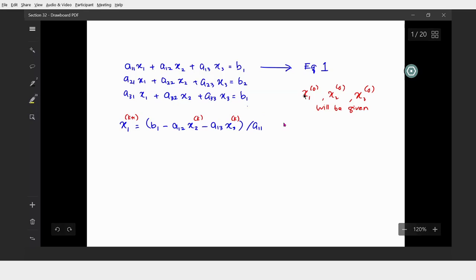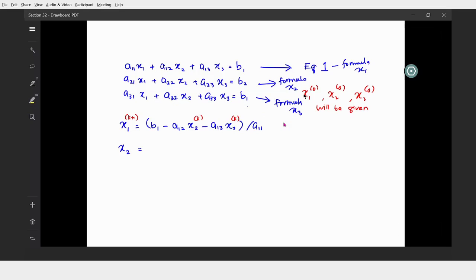The formula for x2 comes from equation 2. So you form the formula for x2 from equation 2, and accordingly for x3. That's how you get all 3 formulas that you can see in the lecture notes too.